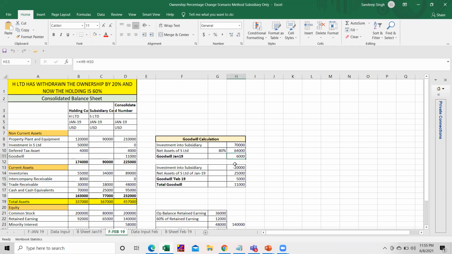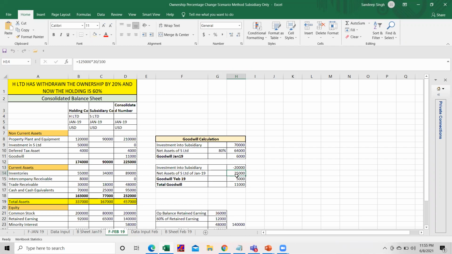Previously in the month of Jan, we have seen that the goodwill number is 6,000. Now the investment amount, earlier it was 70,000. Now it gets reduced because when the parent has released the ownership, they have received 20,000 from the subsidiary. So the 20,000 investment into the subsidiary amount I have put as a negative.